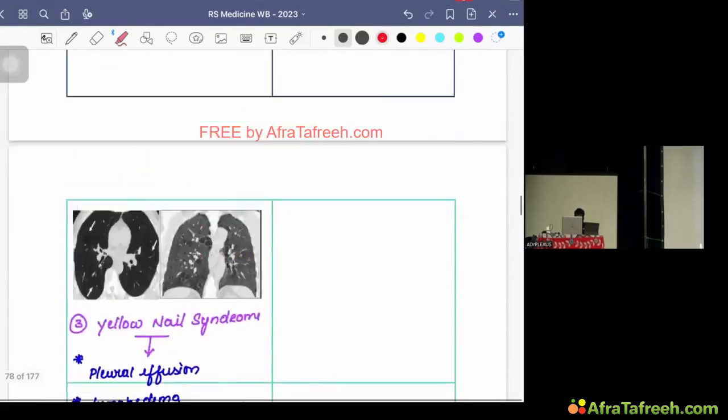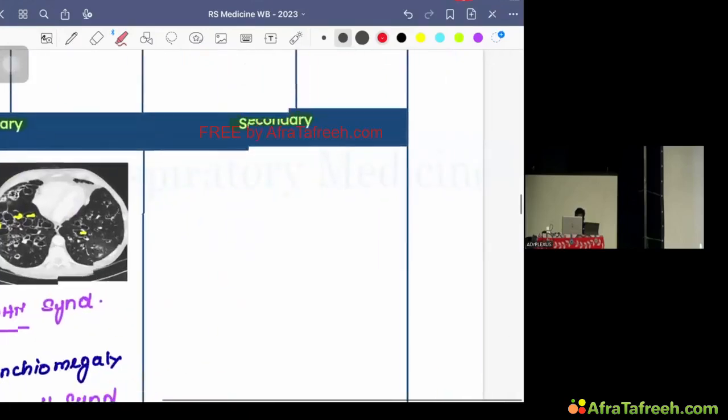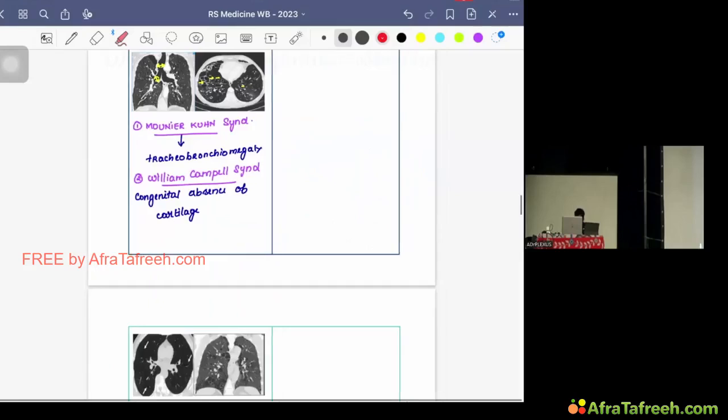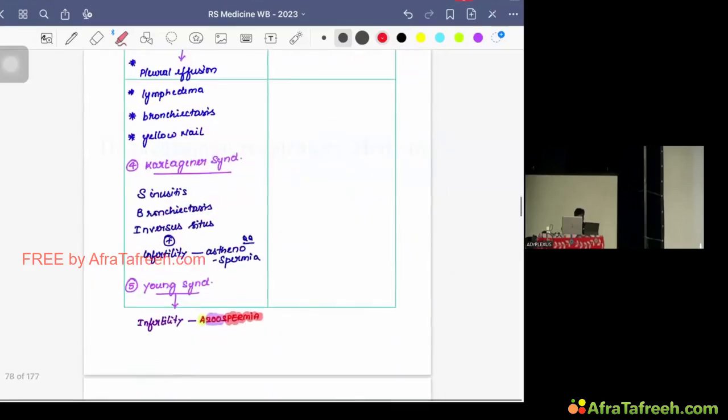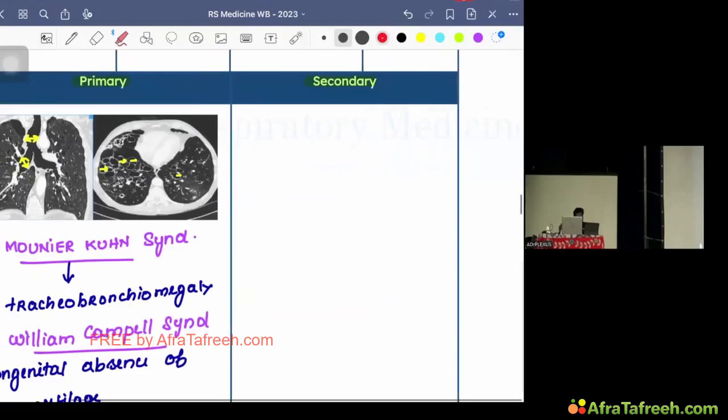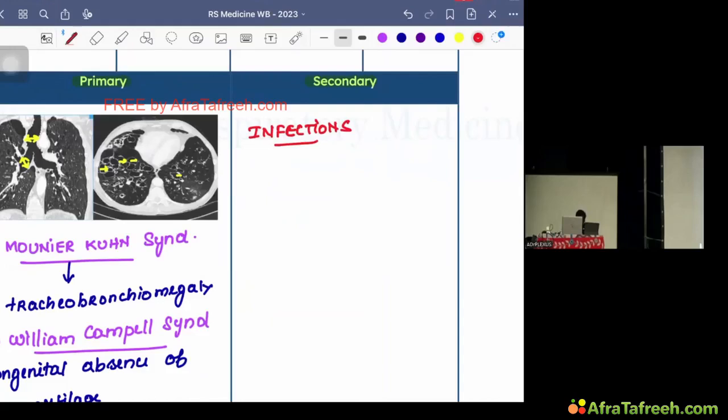Okay, then we have secondary causes or acquired causes. In secondary causes or acquired causes, we have infections. So a lot of infections, bacterial infections can cause bronchiectasis ultimately, and the most notorious one is going to be our Mycobacterium tuberculosis.